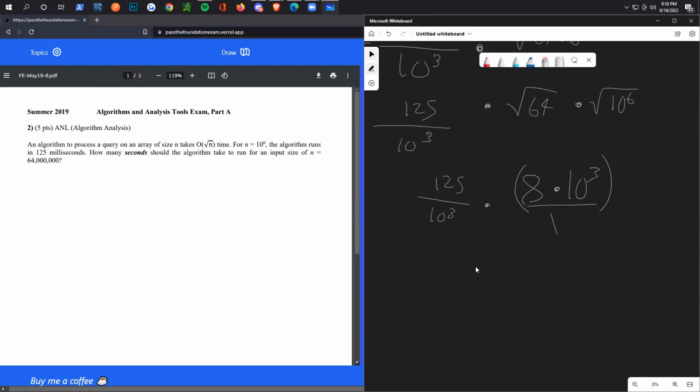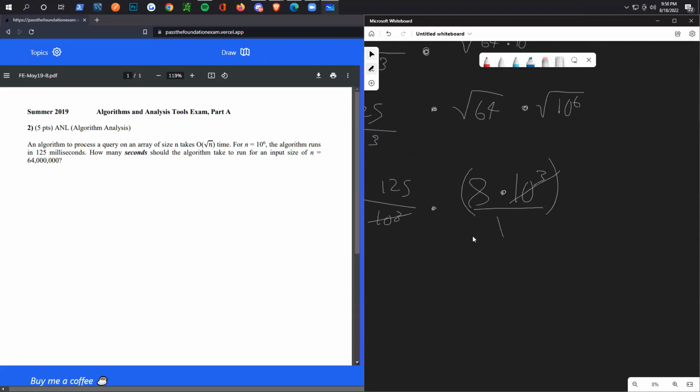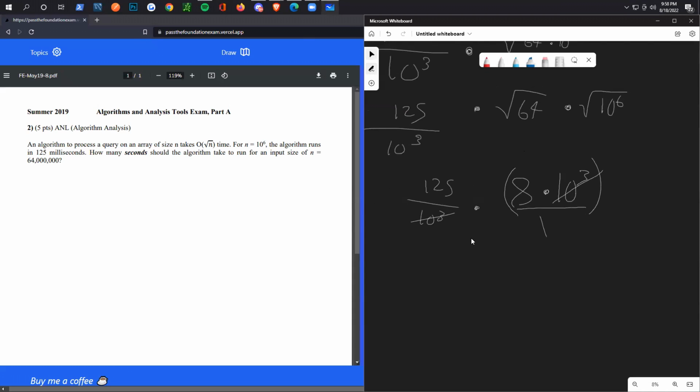So this is what we're dealing with. Notice we have a 10 to the power of 3 in the denominator and in the numerator, so we can just remove this element right here. Now we're going to end up with 125 times 8 over 1.